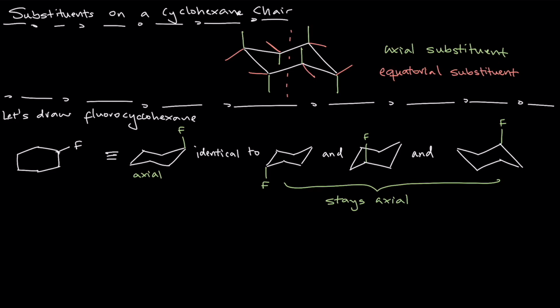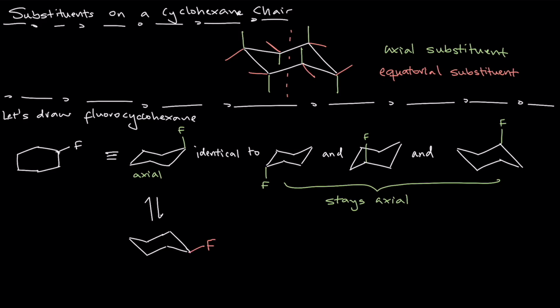They've all been axial. So because that fluorine has remained axial going from the left structure all the way to all three of these, they are basically the same conformation. The only difference is the way you are looking at that cyclohexane ring.